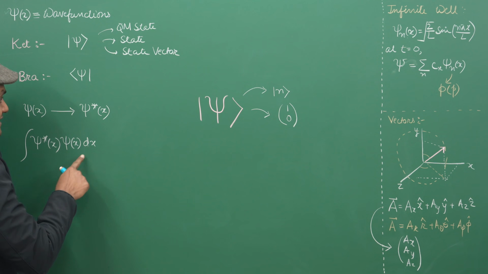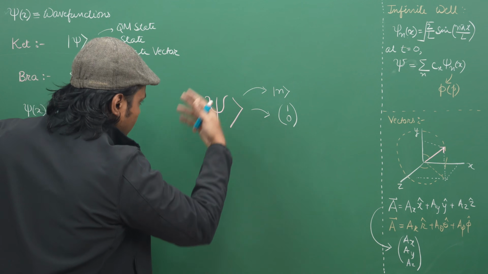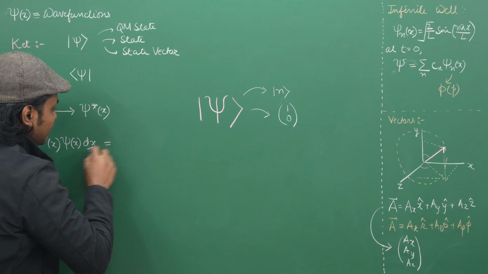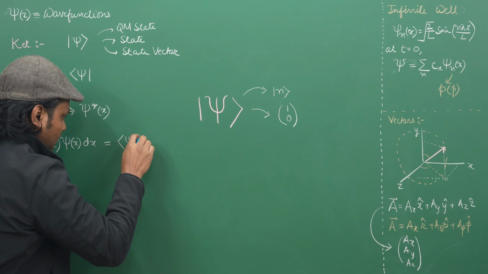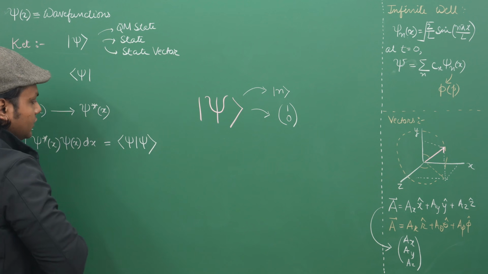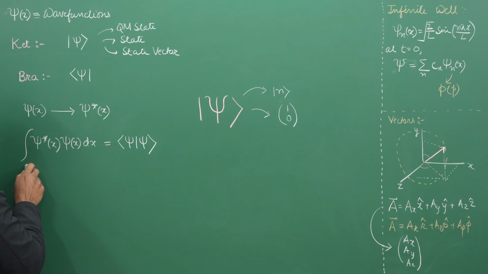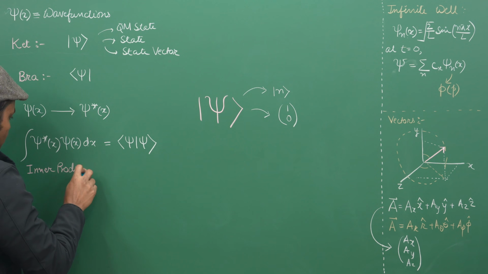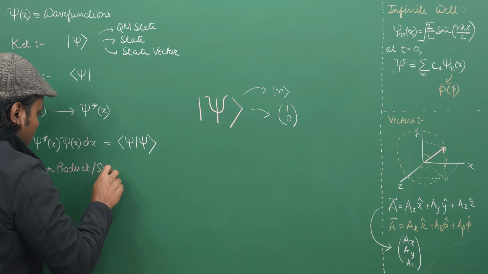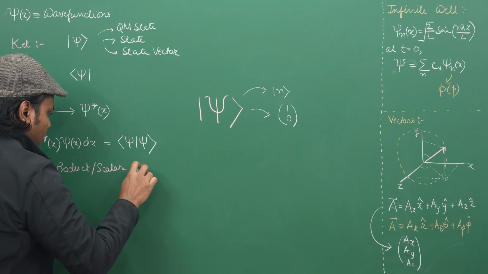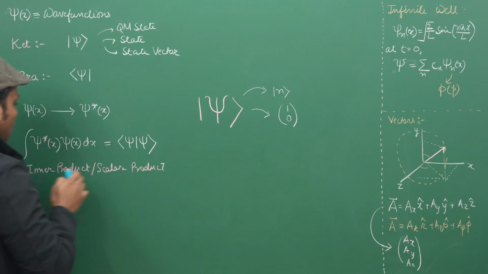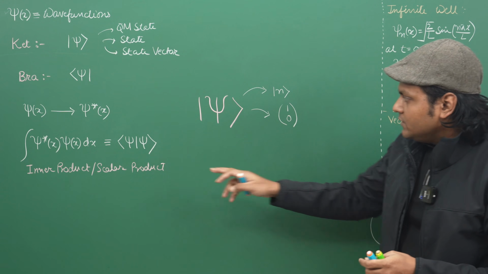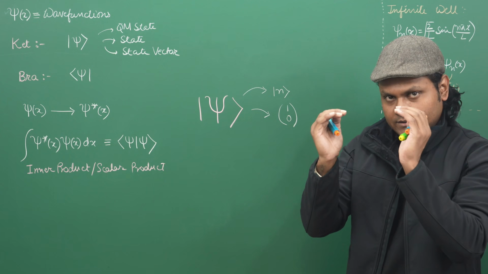What this represents in the context of our abstract Kets and bras is essentially called the scalar product or the inner product of psi with itself. Now, if you look at this product, which is the inner product, this looks like a bracket, isn't it?